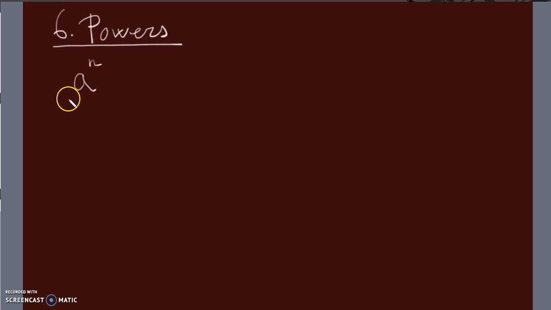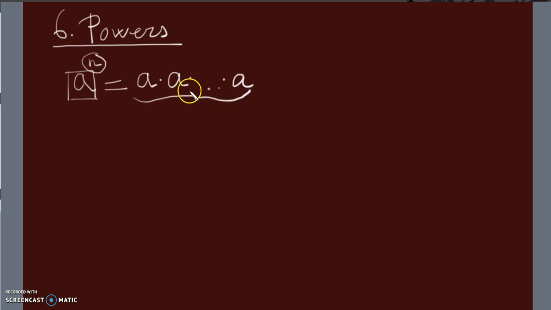Well, in a power, this number is going to be the base, and this small number will be the exponent, okay? So a power means a product of the base so many times as the exponent indicates, okay? So this multiplication is done n times.